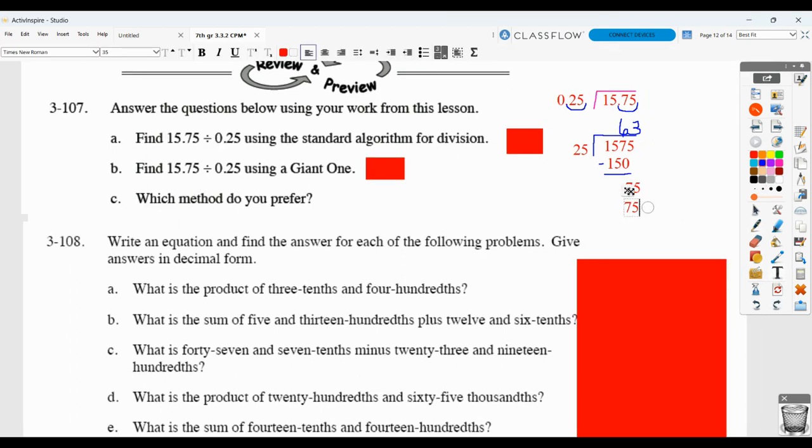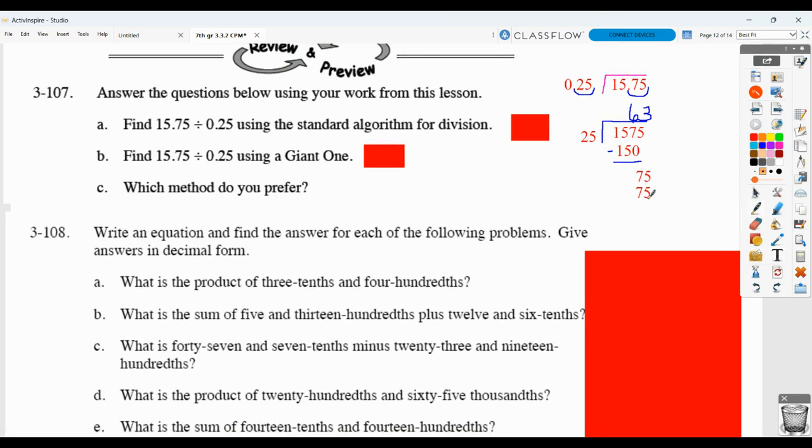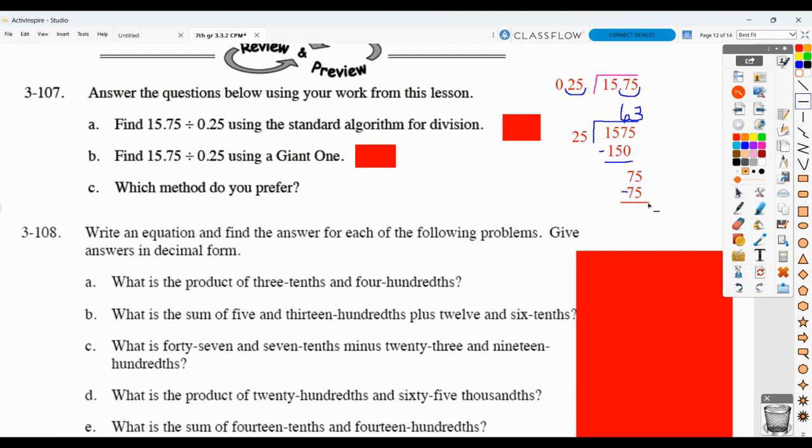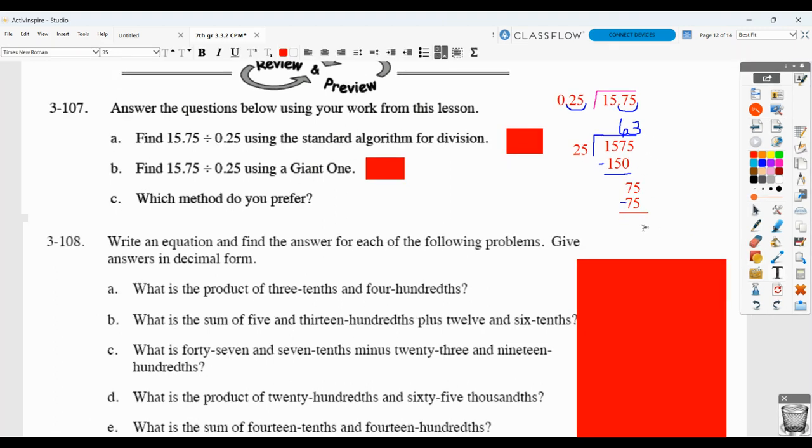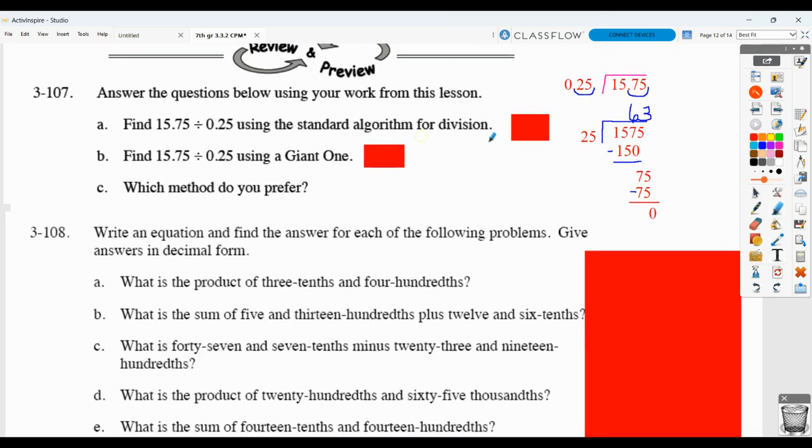Subtract, and we'll get a remainder of 0. If we had not gotten a remainder of 0, we would have put our decimal point here, put it up into the quotient, and then brought down a 0 and continued our division process.